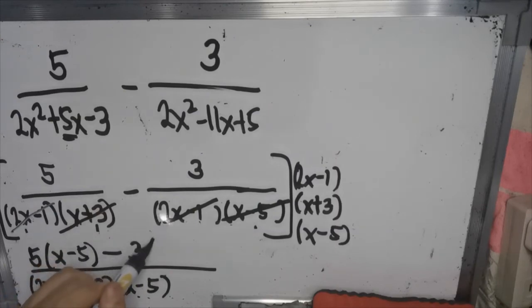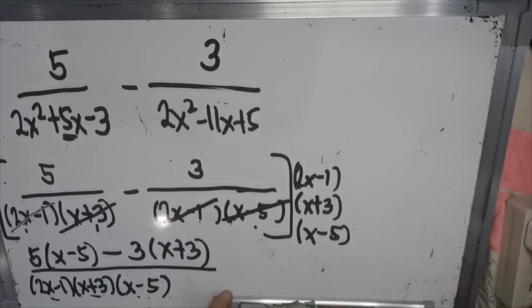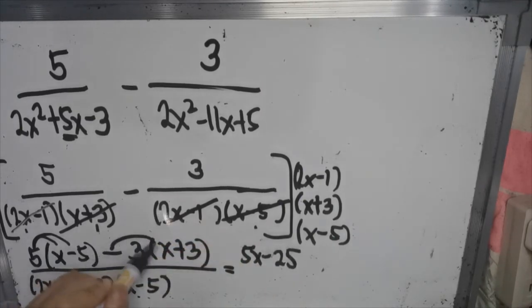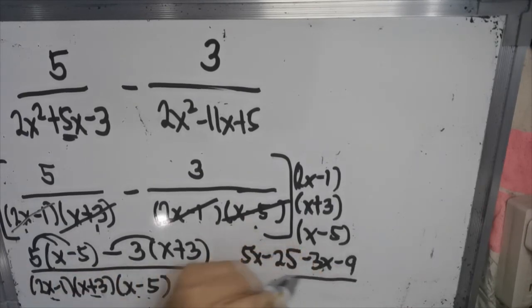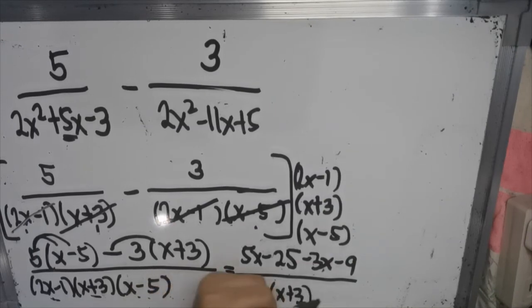So, that will be 3 times x plus 3. And then after that, we distribute. So, 5x minus 25, negative 3x minus 9, over 2x minus 1, x plus 3, x minus 5.